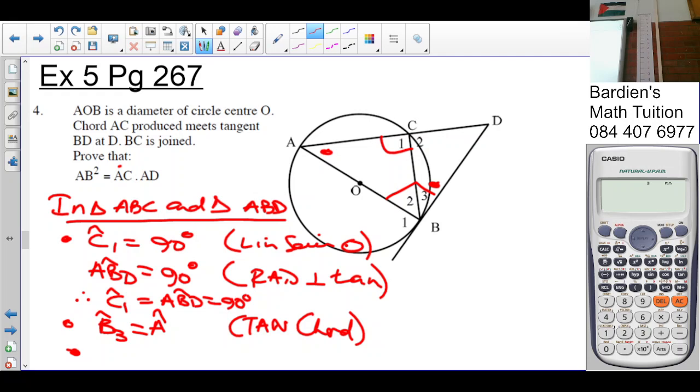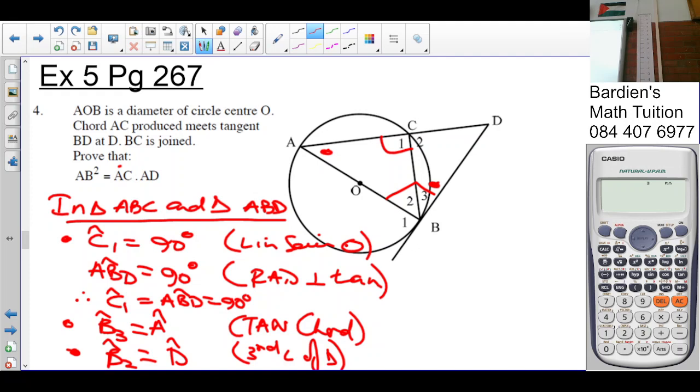Angle ACB is B2, which is equal to angle D. You all agree with that? B2 is equal to angle D. Why? The third angle of triangle.